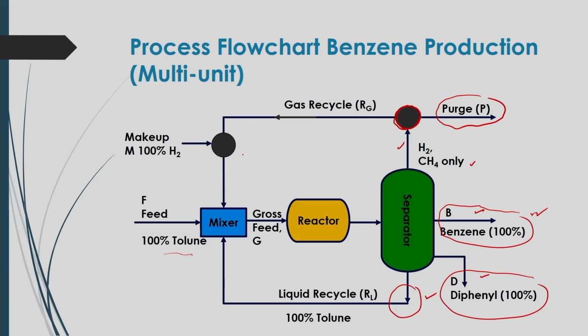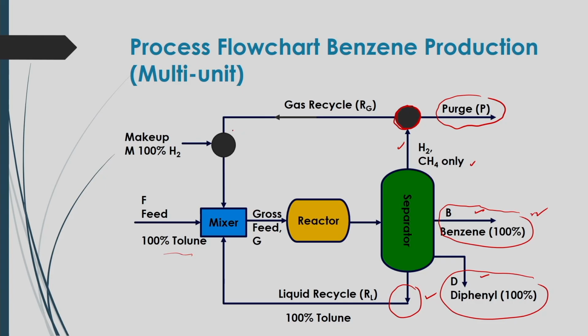Now before sending it to the mixer, you have to add some hydrogen gas, which is considered as a makeup, 100% hydrogen, because some amount of hydrogen may be lost. Now to make up those hydrogen gas in this reactor, you have to supply some fresh hydrogen gas.